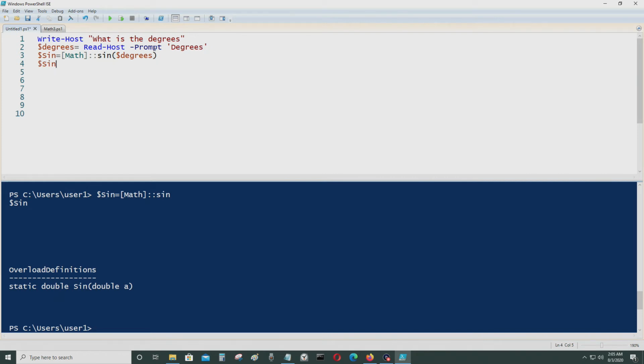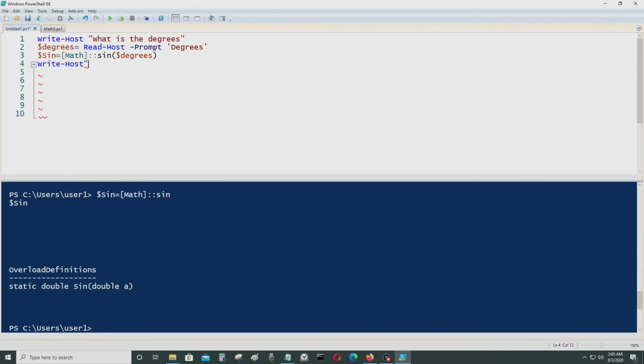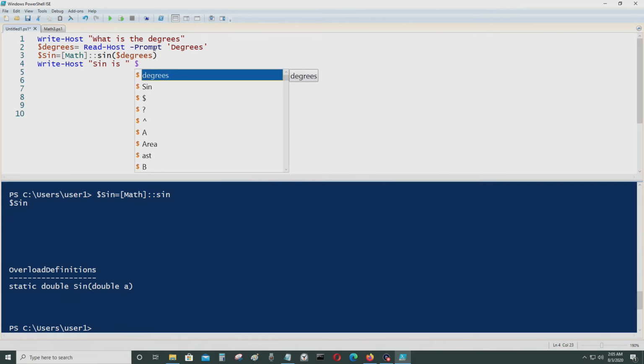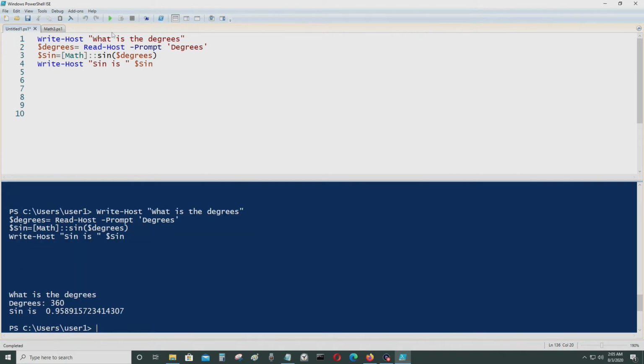Close it. Host. Sine is. Sine, okay. Sine of 360 degrees is, sine is 0.95. So that's what it is.